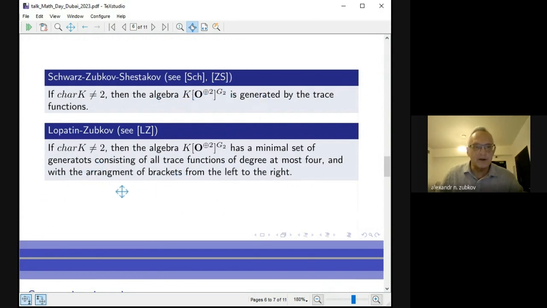We proved that if the characteristic of the ground field is not 2, then the invariant algebra of octonions has a minimal set of generators consisting of all trace functions of degree at most 4.